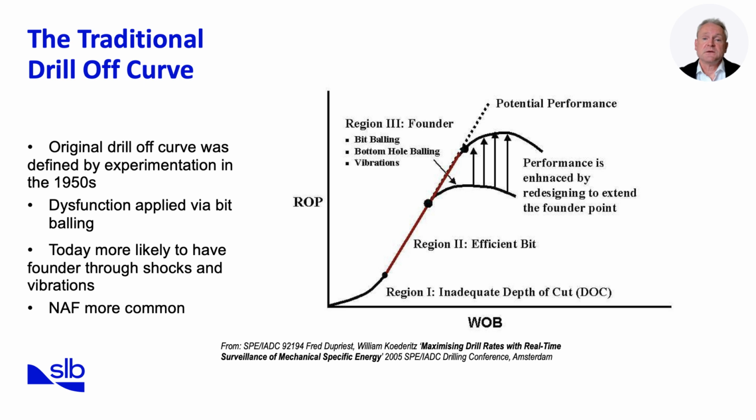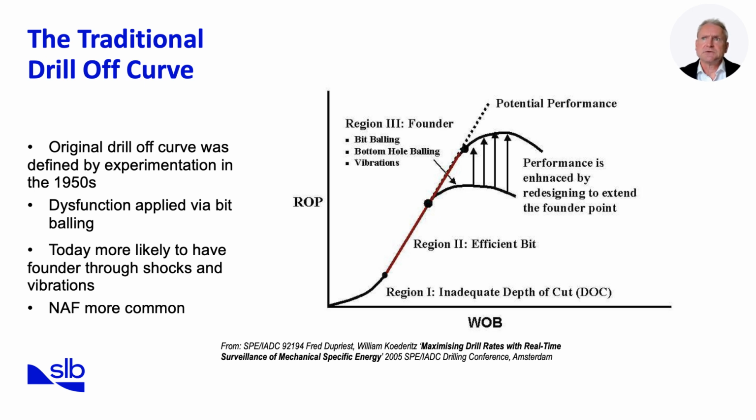The traditional drill-off curve was first defined through experimentation in the 1950s. At that time, dysfunction was mainly through bit balling. The original concept was simple: apply incremental weight on bit and measure the corresponding rate of penetration to establish a relationship. Over time, our understanding has grown.